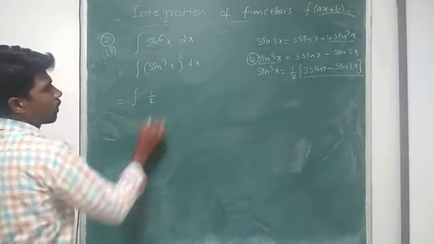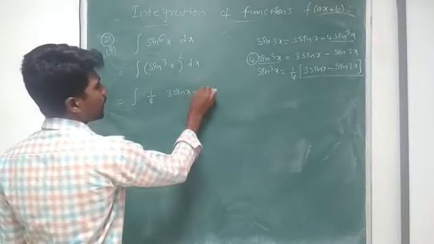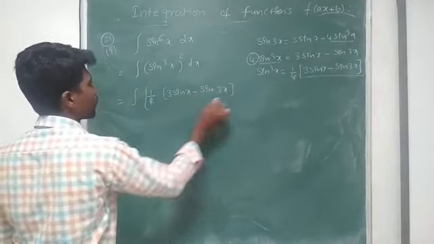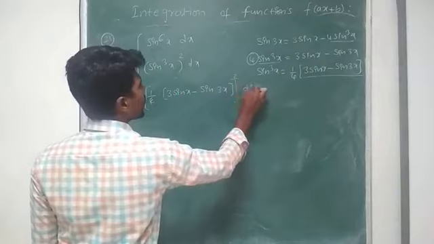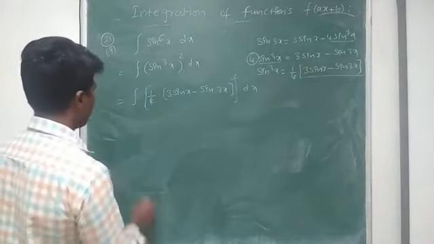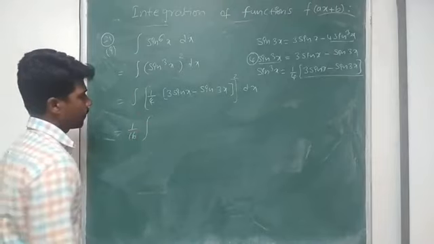Integral 1 by 4 into 3 sin x minus sin 3x whole square dx. So now apply the formula a minus b whole square. So 1 by 4 whole square I get 1 by 16. Take it outside.